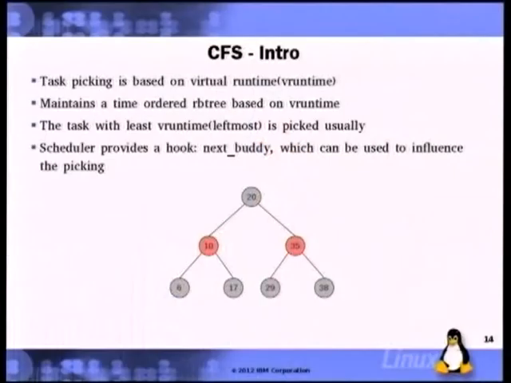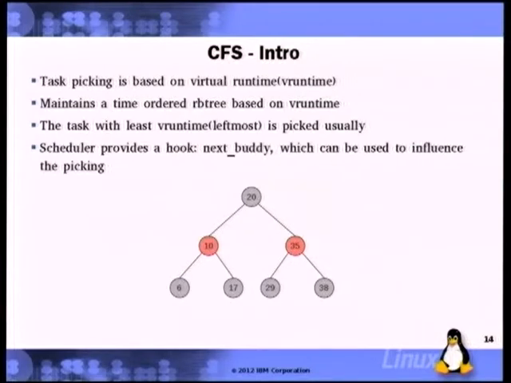Let us have some intro about CFS before I get into how we actually do gang scheduling. CFS, as the name suggests, the Completely Fair Scheduler, tries to be fair all the time. If I have, say, 4 tasks at the same priority on a single CPU, the scheduler would try to give 25% of the time to each of them.